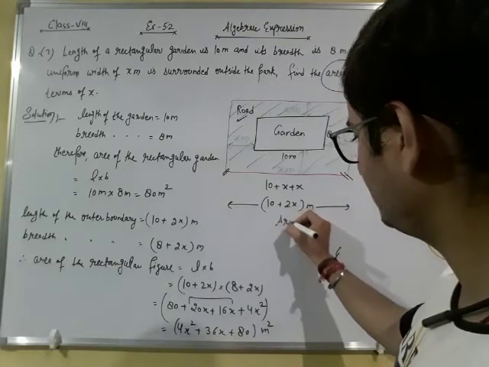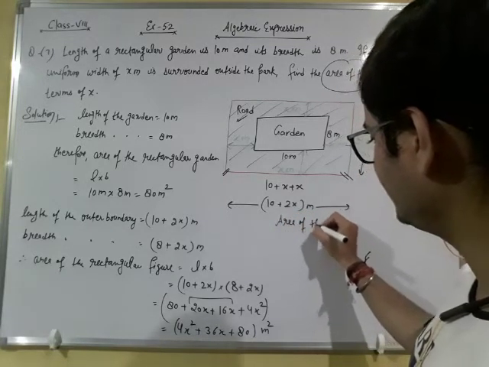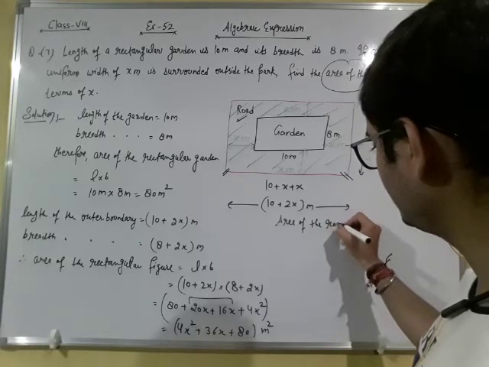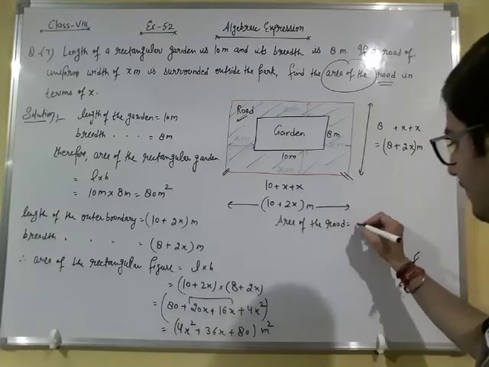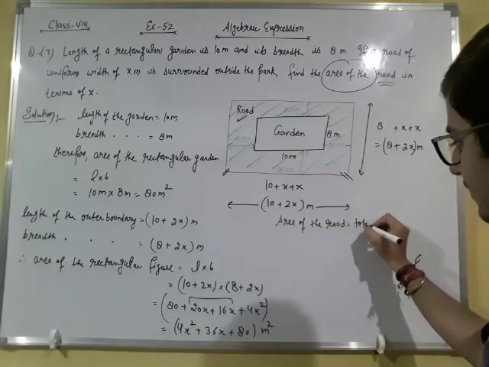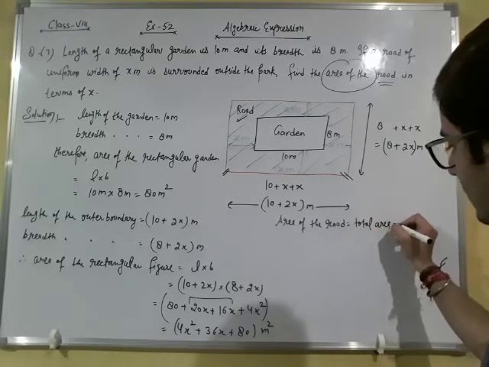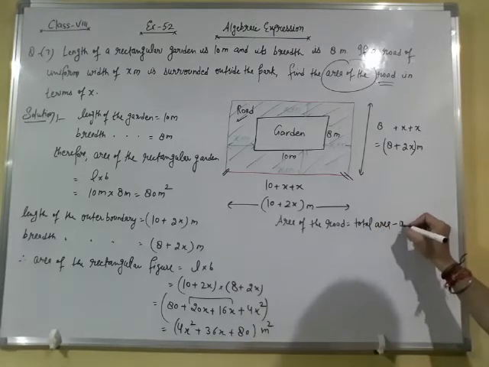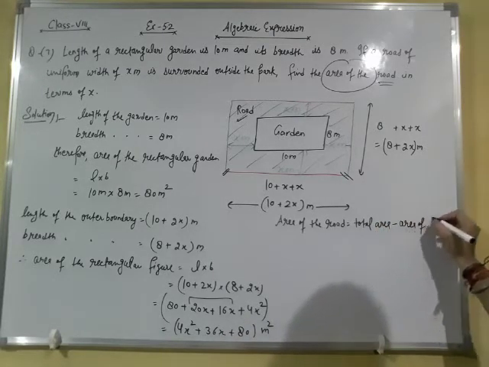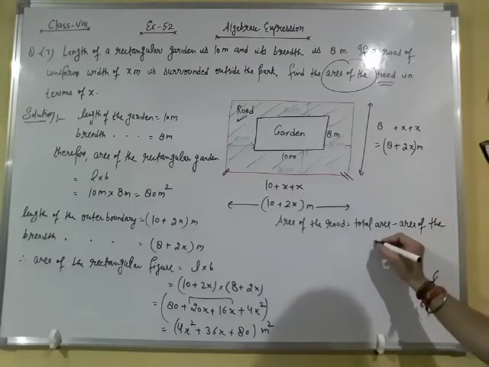Area of the road will be equal to total area minus area of the rectangular garden.